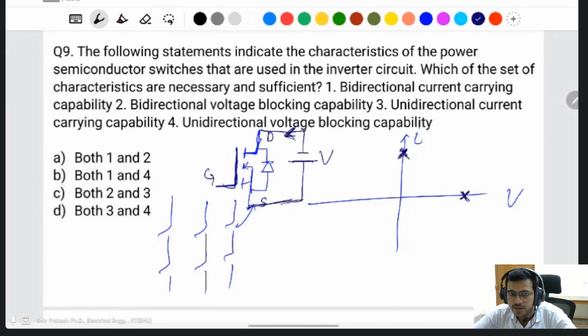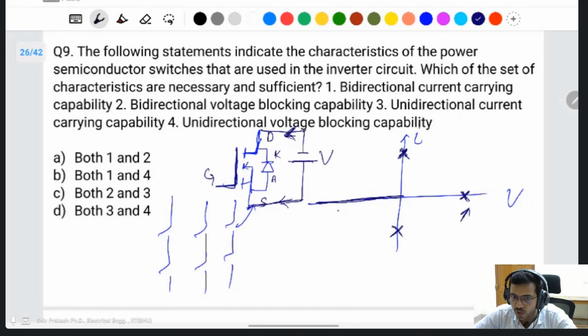In an IGBT, if you use it in the inverter, it should have an anti-parallel diode also. It must be used in the inverter. Then for this diode, anode will be positive and cathode will be negative, so the diode will be forward biased. It will not block any voltage in this condition. Because of the diode, current will flow directly, it will not be blocked.